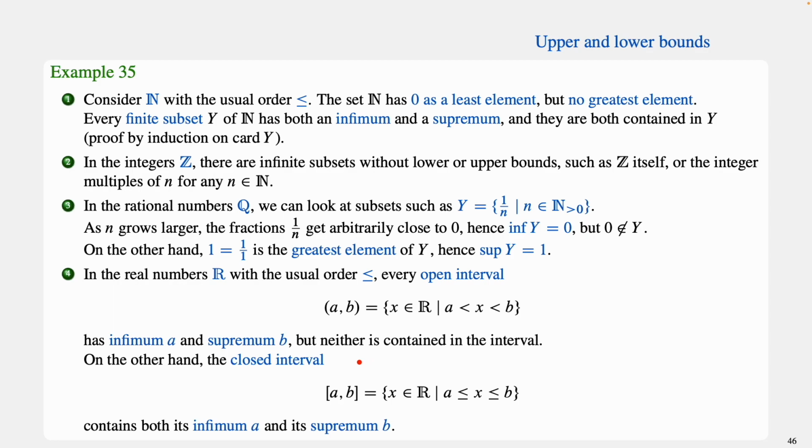On the other hand, we have the closed intervals, written like this, with brackets, a b, which consists of all the real numbers that are greater or equal to a and less or equal to b. And here again, a is the infimum and b the supremum, but in this case, infimum and supremum are both contained in the set.